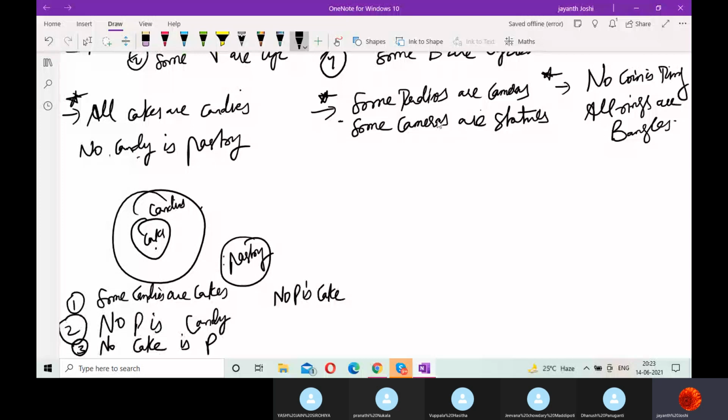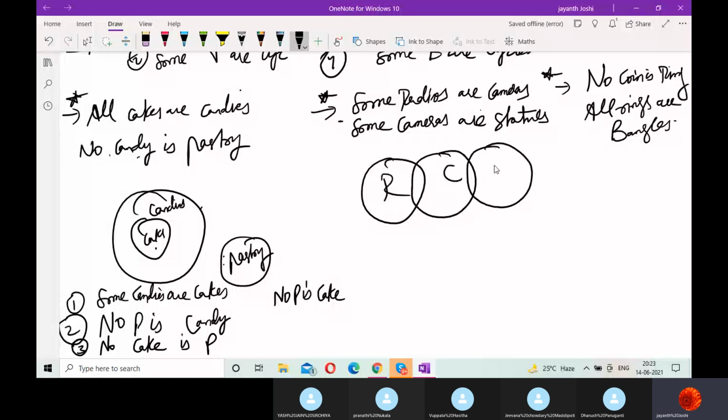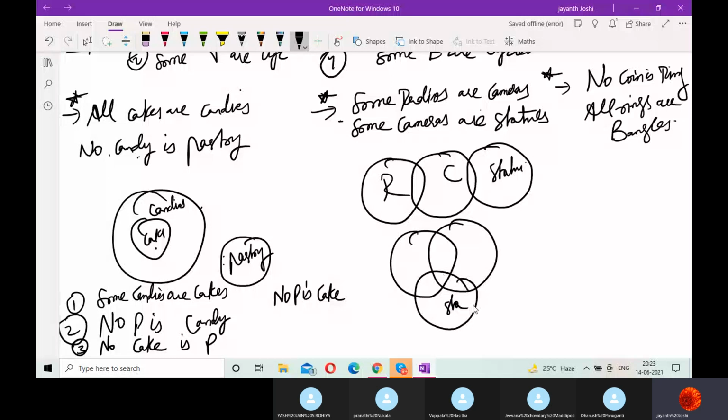Second one, some radios are cameras. Some cameras are statues. This can also be the case: radios are cameras and cameras are statues. So some radios are cameras, and some cameras are radios, of course.